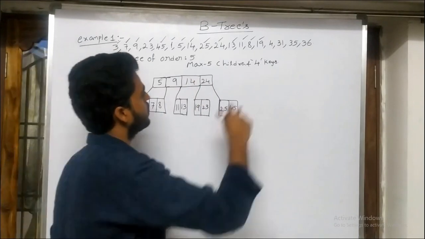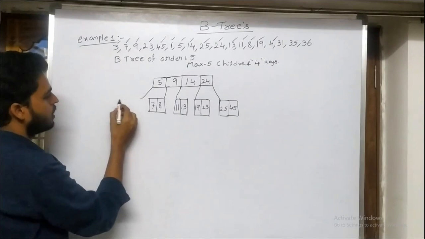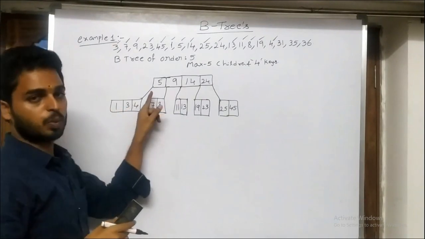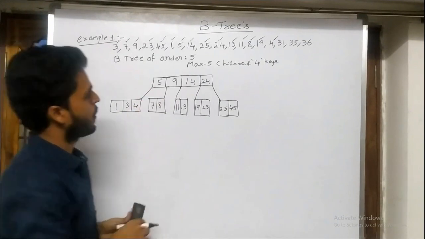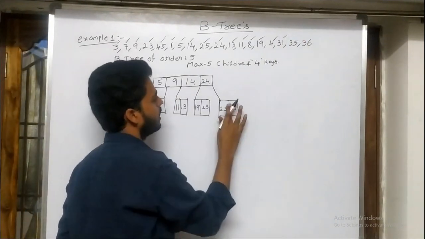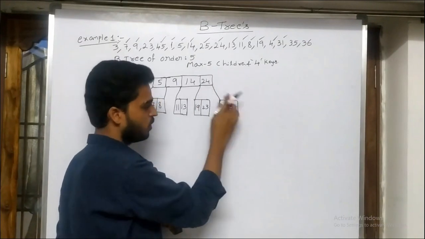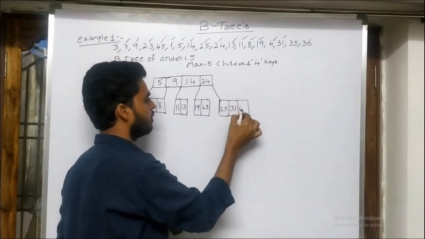So then I will go for inserting once again 4. So 4 will be inserted obviously here. See, here I am explaining very fast because you already know this question. 4 I inserted at the leaf node, as it is less than 5. Next I got 31. 31 is greater than 24, so here it will get 31, here it will get 44.